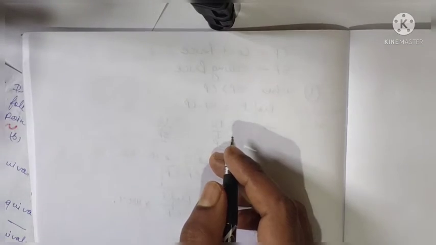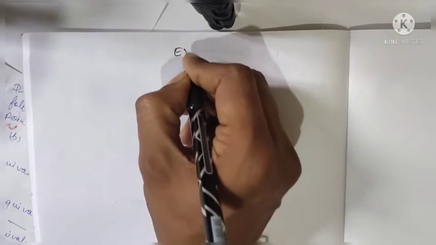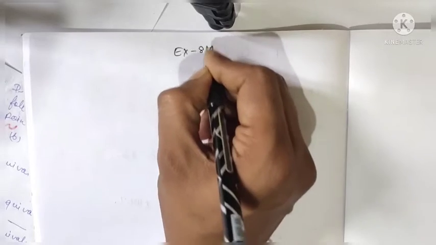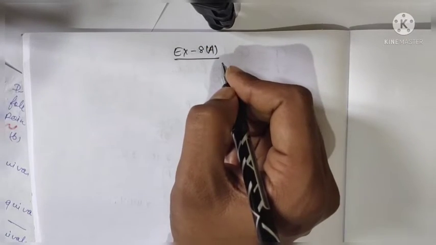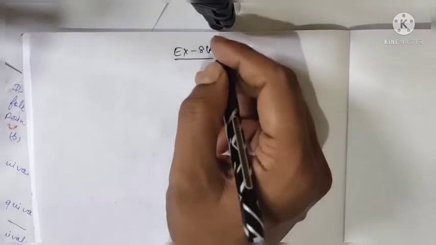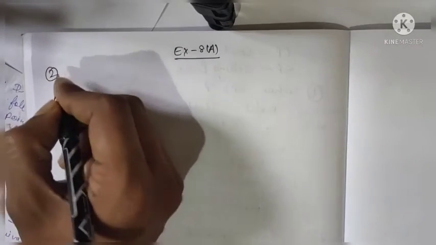Now we are in a position to solve the exercise, that is exercise 8a, and I am going to solve only some questions which will help you a lot. Now question number 2, just look at question number 2.